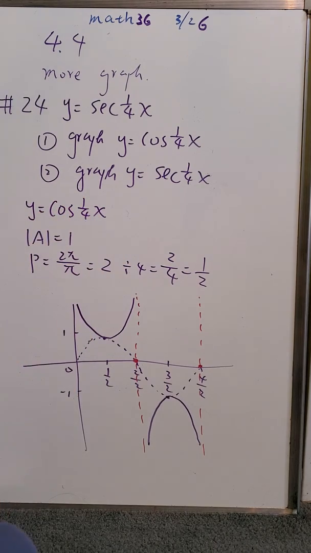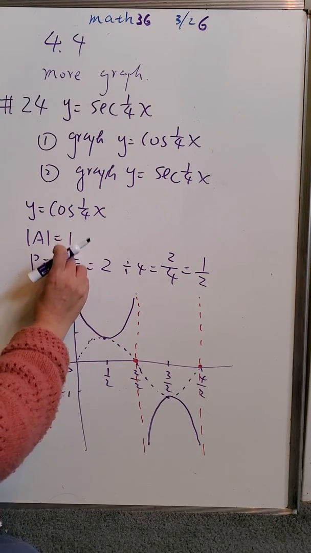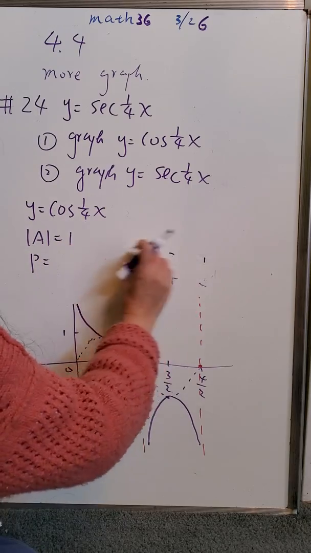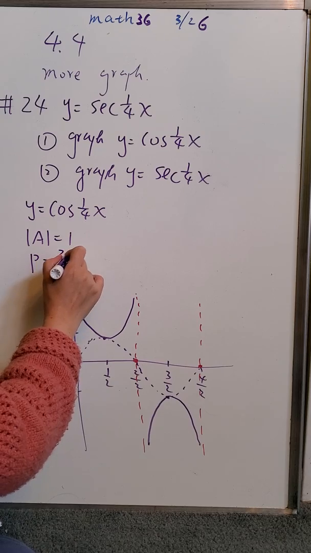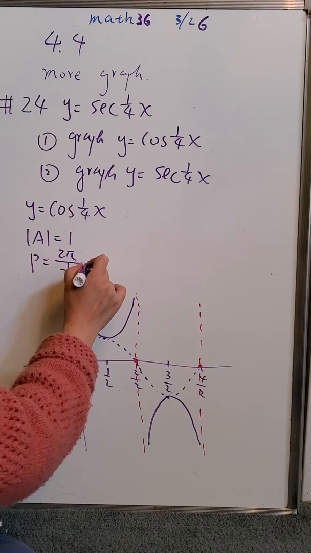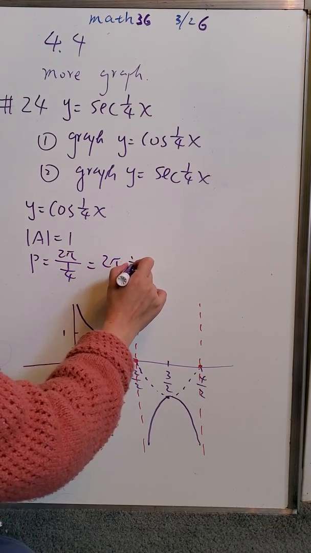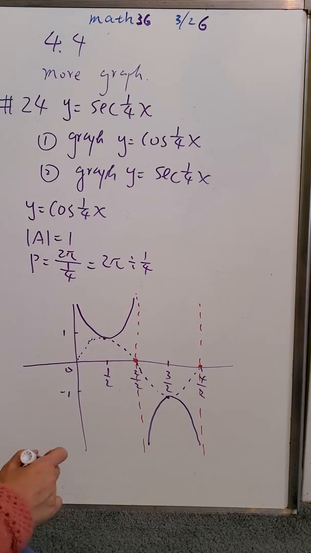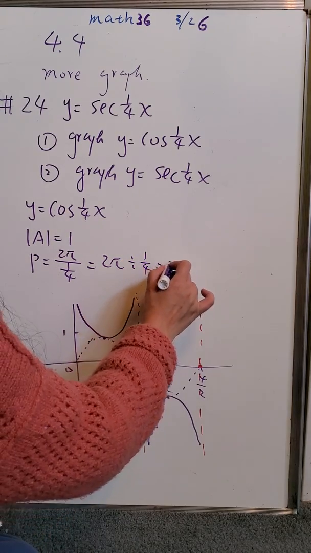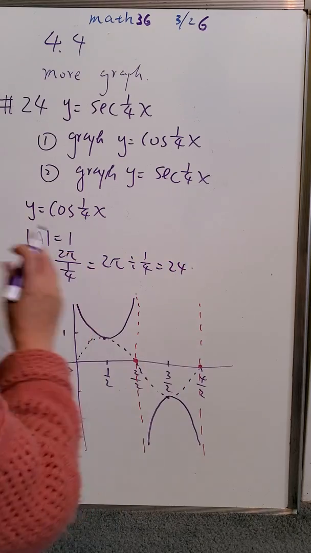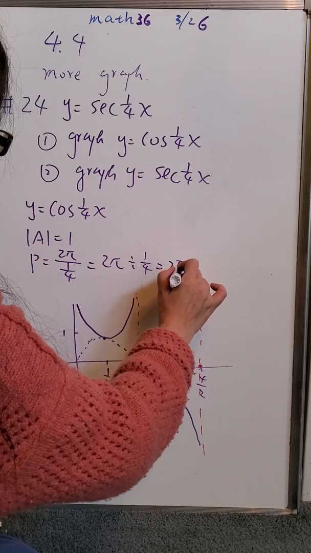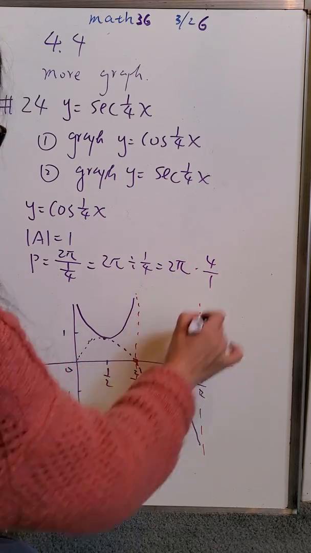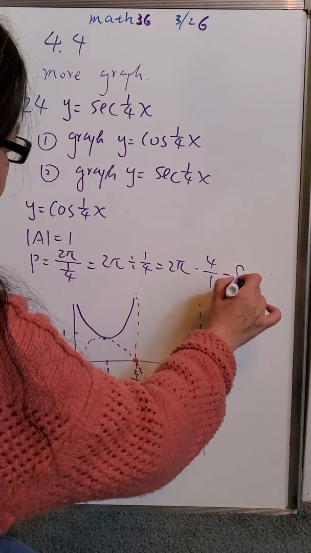To graph this one, your amplitude is also 1, that's not changing. And your period P is equal to 2 pi divided by 1/4. That's the same as 2 pi multiplied by 4 over 1, so that's equal to 8 pi.